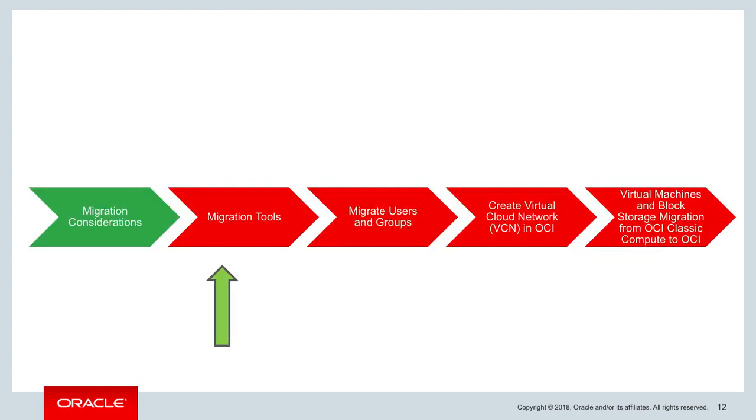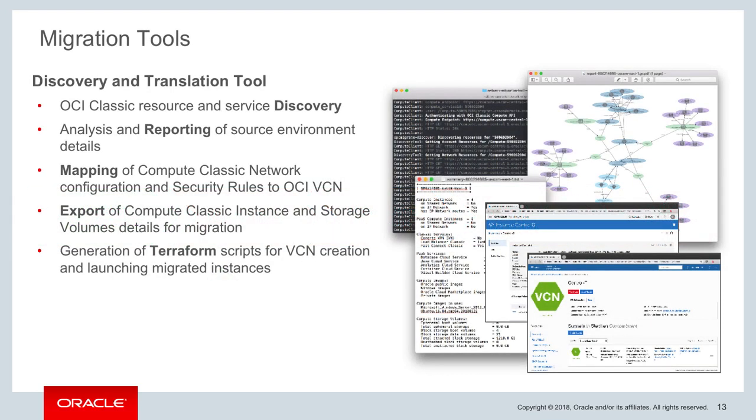Let's now look at the migration tools at a high level. The discovery and translation tool is used for discovering the resources running on OCI Classic. It will also allow you to do analysis and reporting of the source environment details, and enables mapping of Compute Classic network configuration and security rules to OCI virtual cloud network.